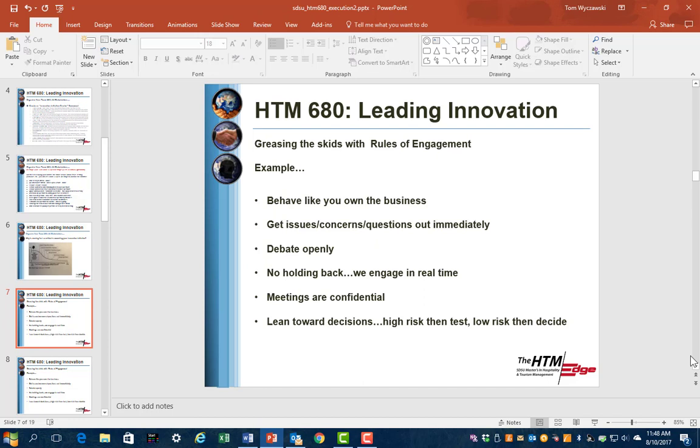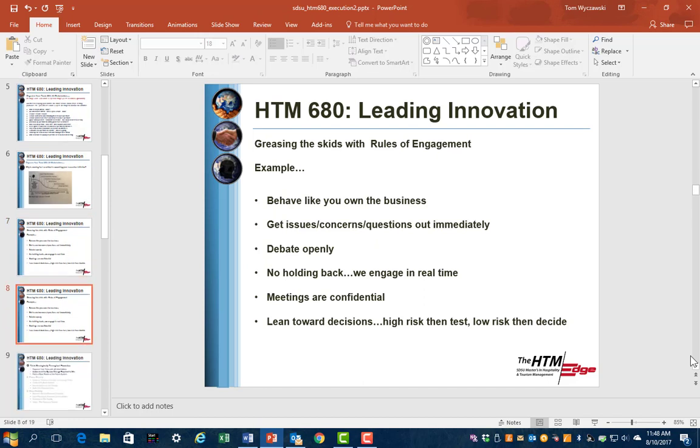Lean towards decisions. If it's high risk, then lean towards testing. If it's low risk, lean towards deciding. Okay, that's an example of rules of engagement for your meetings. You should use the meeting format, open and online with all stakeholders, to develop your own rules of engagement.